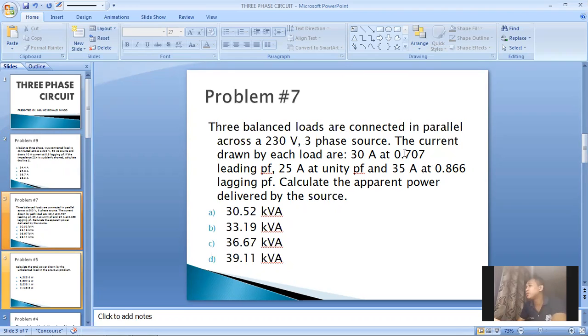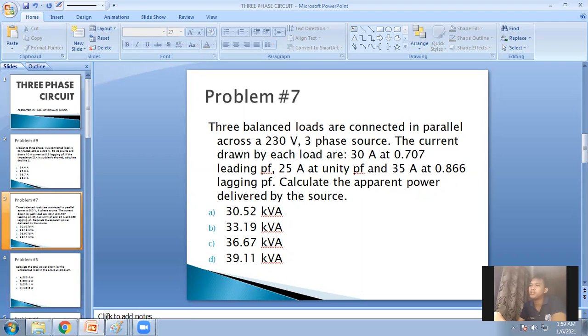Take note of the power factors. Calculate the apparent power delivered by the source.